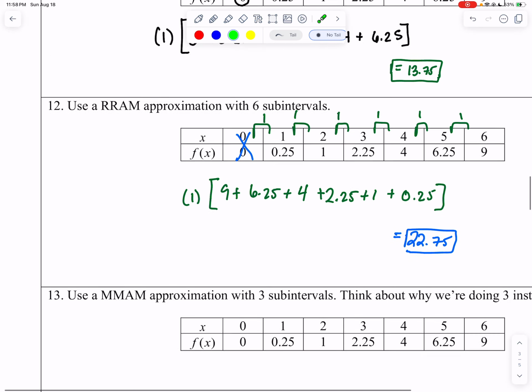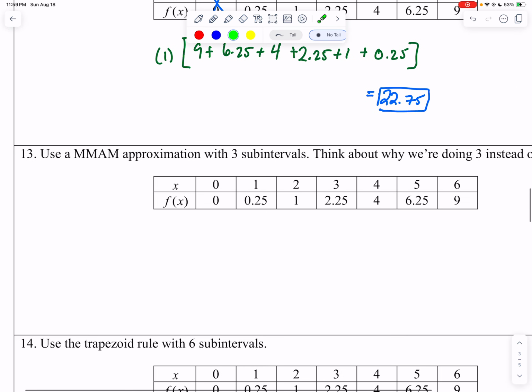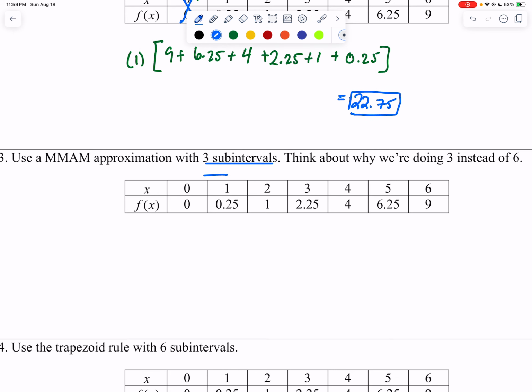But instead, what we're going to do is approximate using 3 subintervals. So using 3 subintervals of equal value, I'm going to have something from 0 to 2. That might be one interval. From 2 to 4 is another interval. And then from 4 to 6 is another interval. Thinking about that, this tells me that my horizontal distance between my x values is going to be 2.